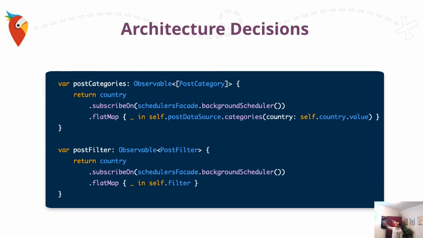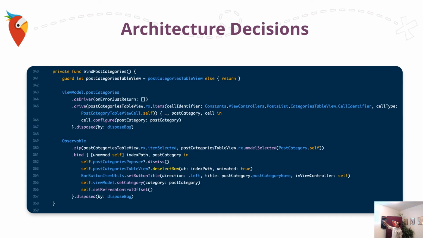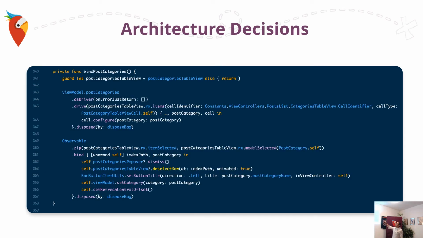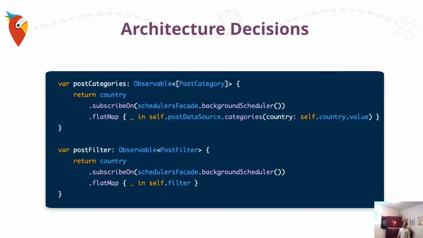And then my table view will only react to anything that's being sent on this stream, and it will just reload the whole table view, and I can get my cell and configure everything I want. So this made our code really smaller, with fewer classes. It's even cleaner. We can react to so many changes, to so many inputs.